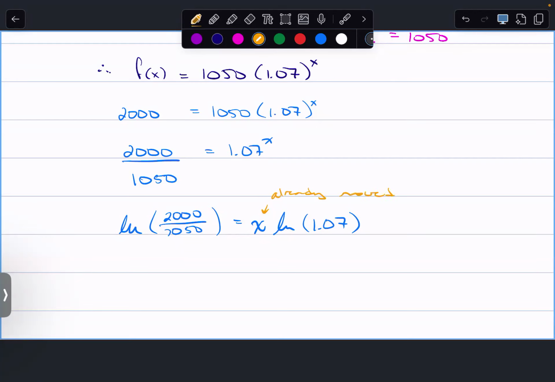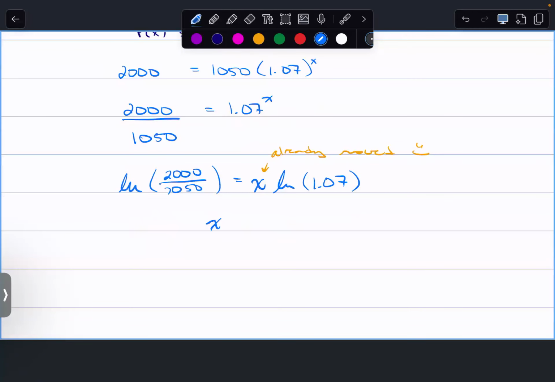That was the goal of taking the logs anyways, so you are allowed to make that leap: once I've taken the logs, I can bring that exponent downstairs. Then x is the log of 2000 over 1050 divided by the log of 1.07.